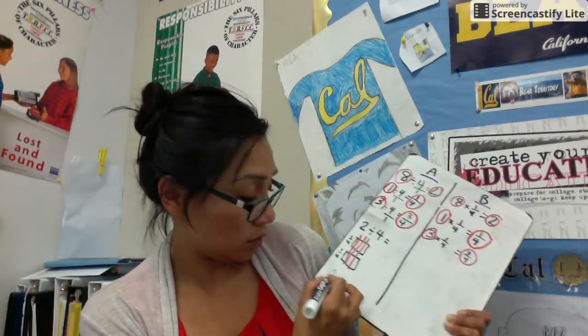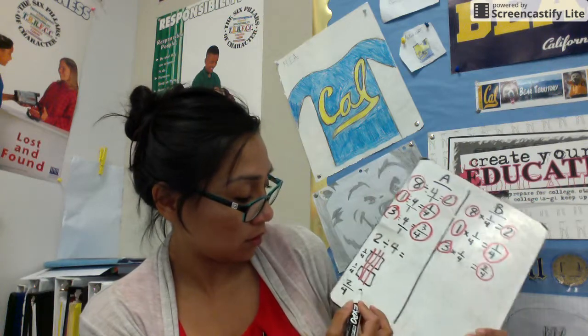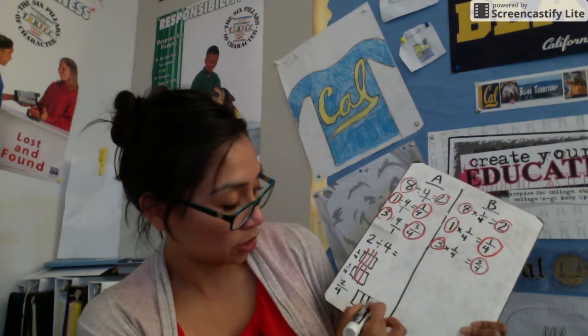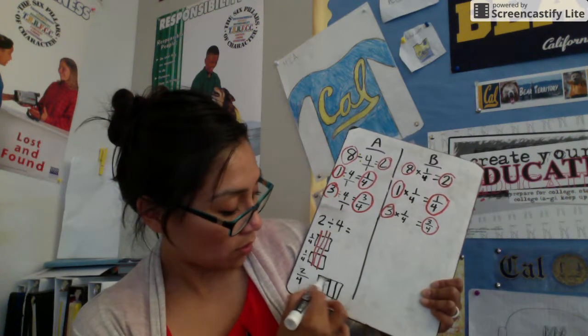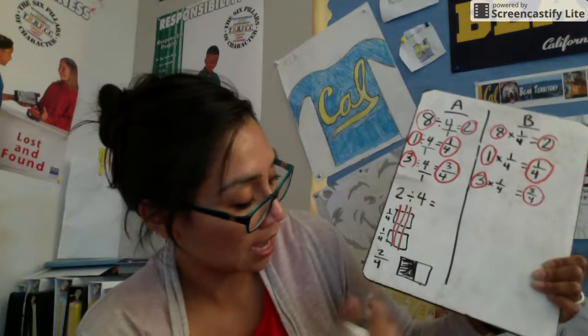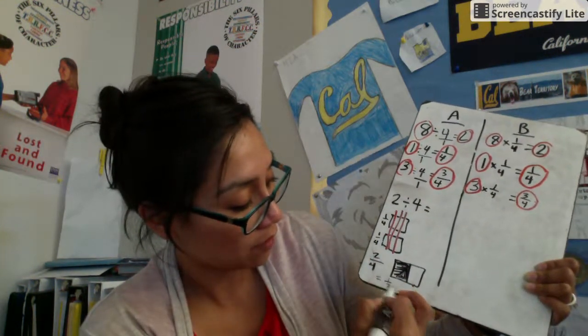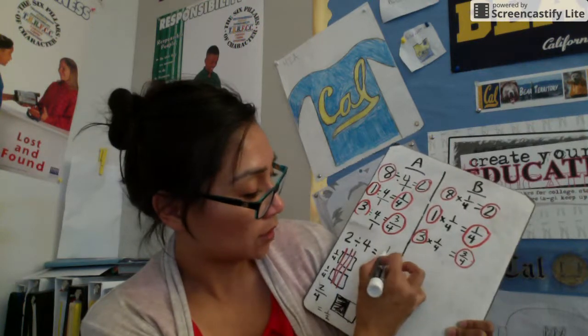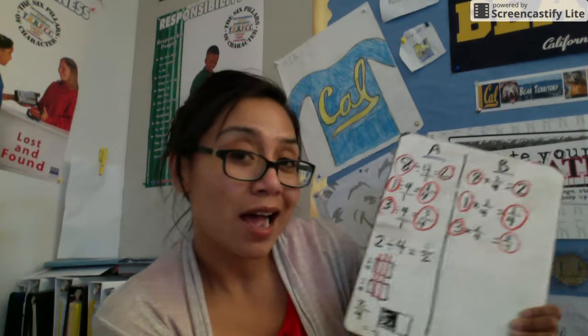And the 2 of those together equals 2/4. And 2/4, if I were to draw that as a picture, 2/4 is the same thing as a half. Okay, same thing as a half. So this is equal to a half. So 2 divided by 4 is equal to a half.